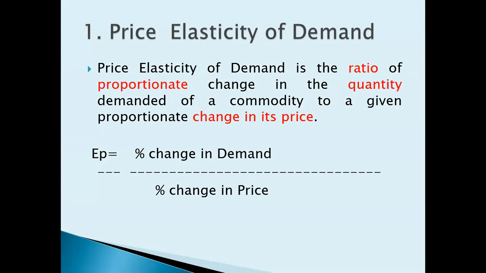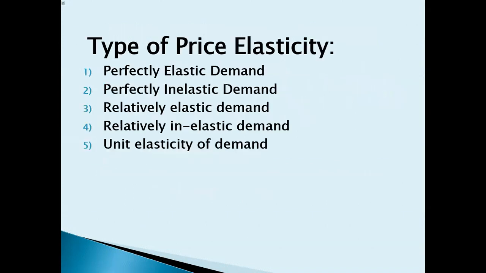So under price elastic demand, we have to remember this formula: price elasticity of demand is equal to change in demand upon change in price. Change in demand is always in the numerator, and change in price will be in the denominator.